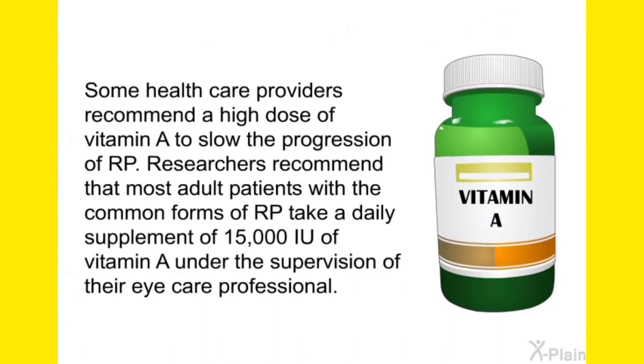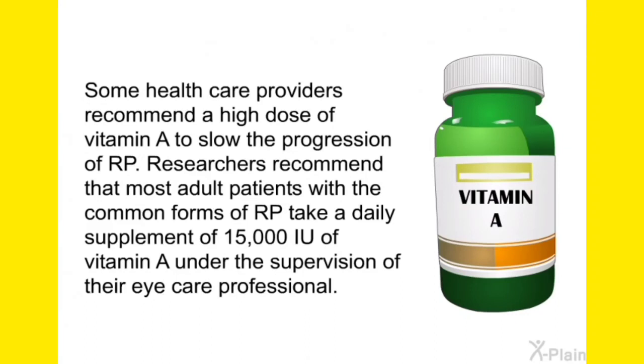We may give vitamin A, but there are some problems associated with vitamin A also, and it needs proper research. We are not sure 100% how much it can work, so it needs further research, and the doctor who is supervising will decide if this vitamin A dose is to be given to the child or not.